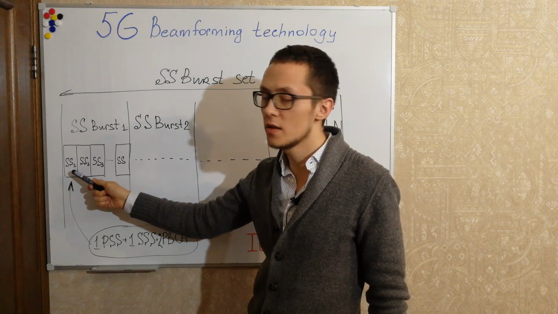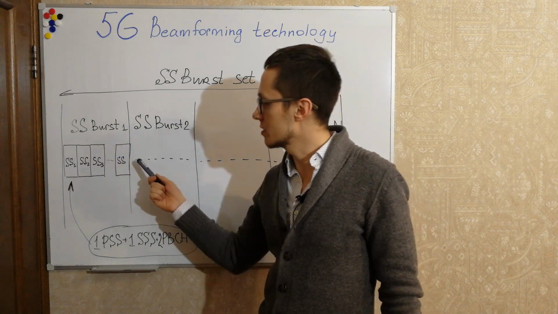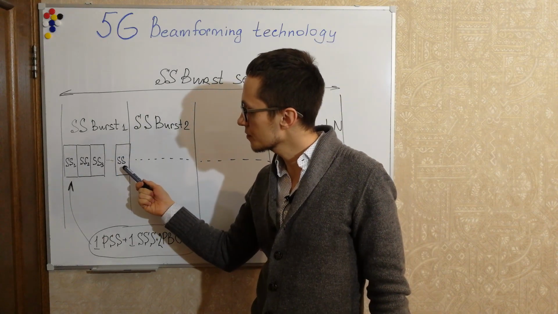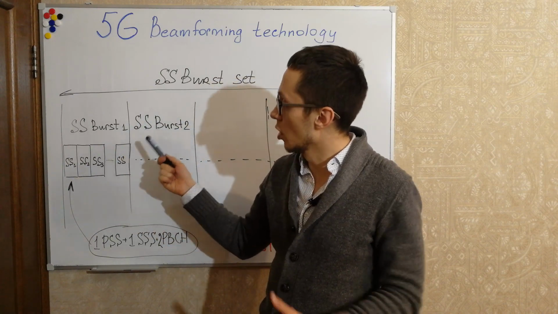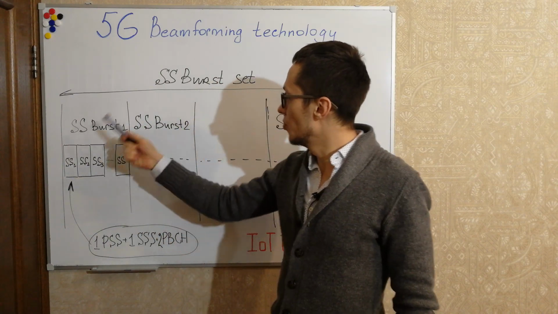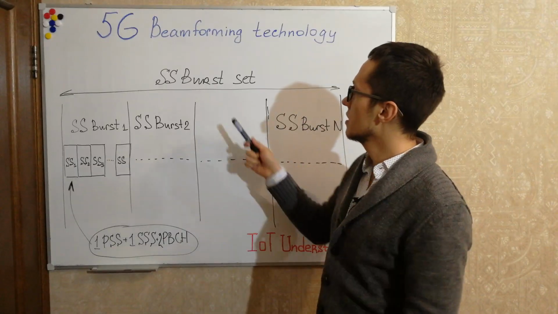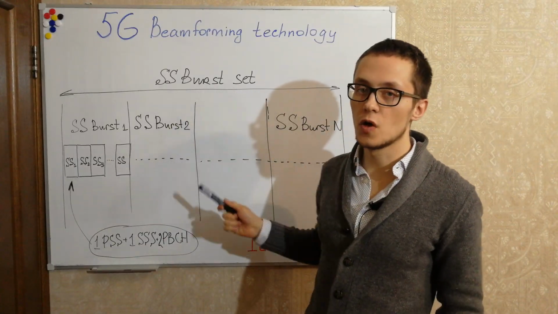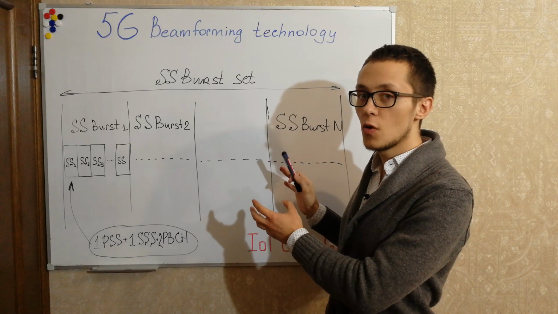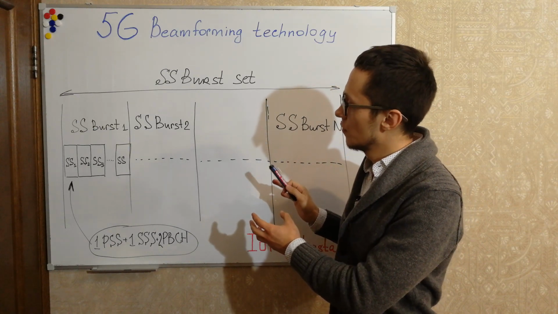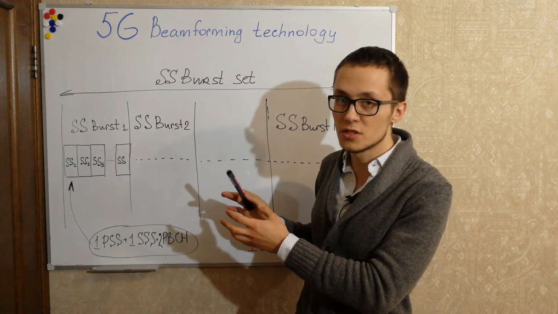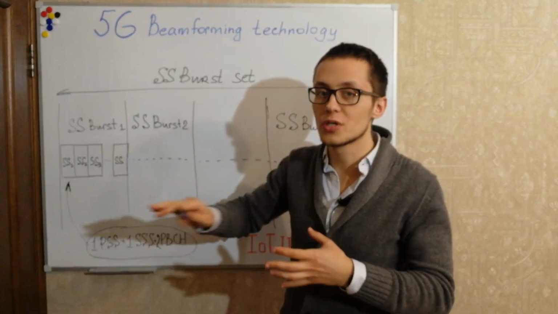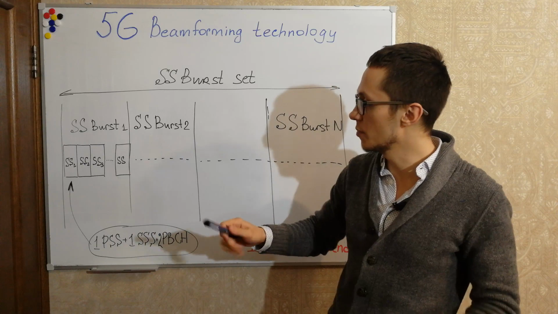Such an SS burst may have just one or multiple SSBs. Such bursts are organized in a burst set. So this is how it is organized in terms of synchronization signal blocks and in terms of broadcasting system information.